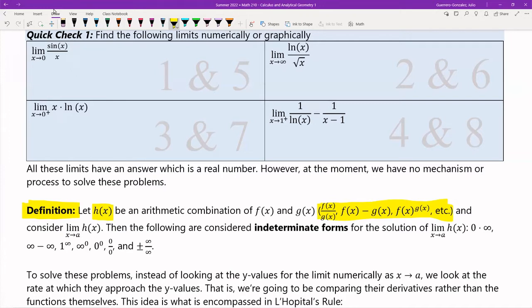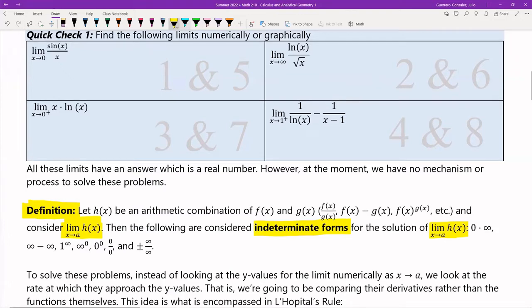And what we're going to do is consider this limit right here, the limit as x approaches some value a of f of x.